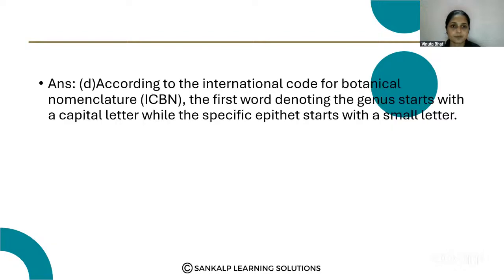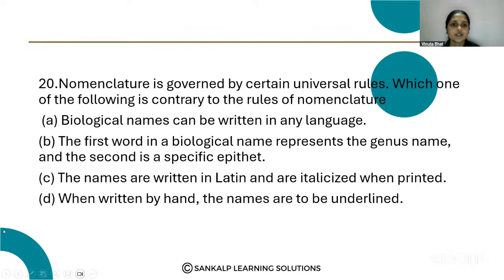Next question. Nomenclature is governed by certain universal rules. Which one of the following is contrary to the rules of nomenclature? That is a similar question to the last one. Biological names can be written in any language. The first word in a biological name represents the genus name and the second is the specific epithet.